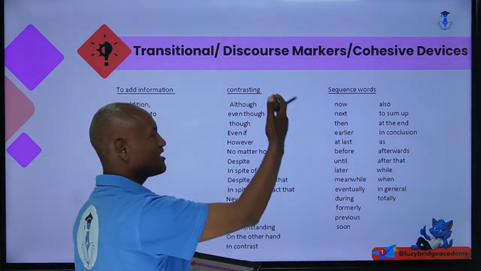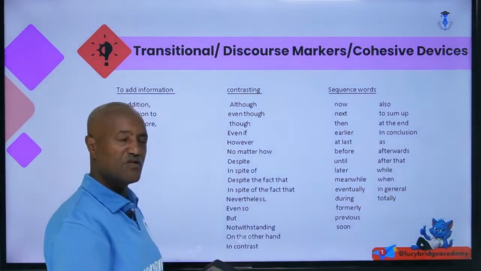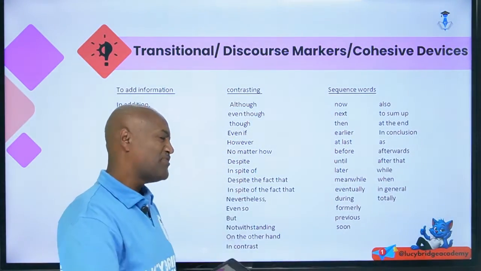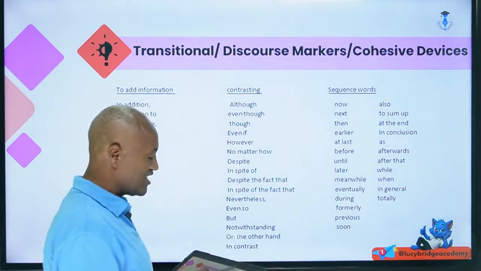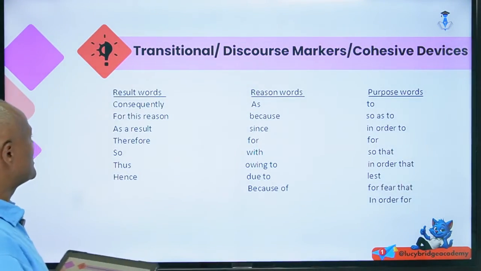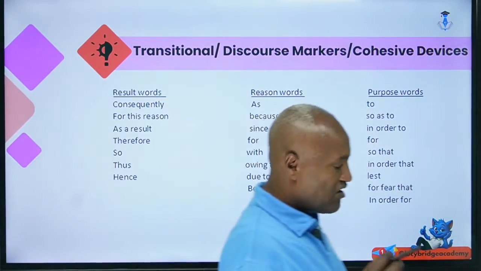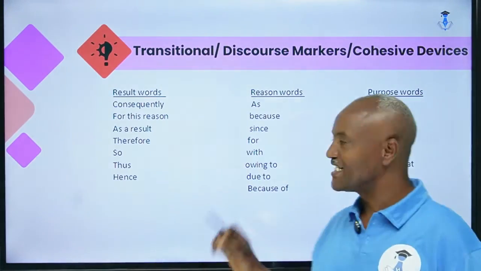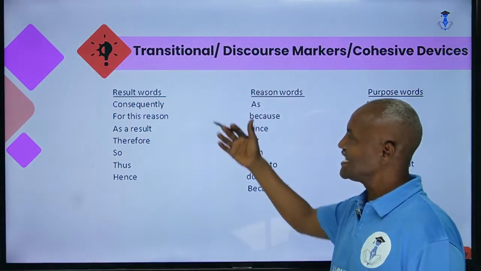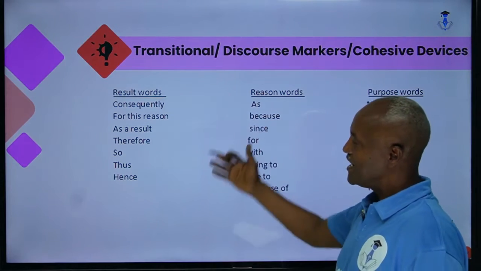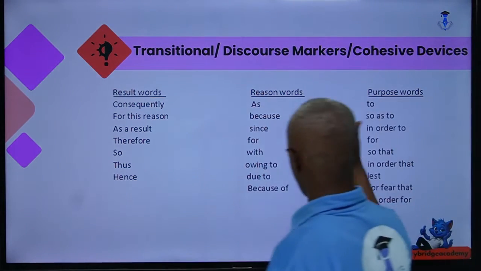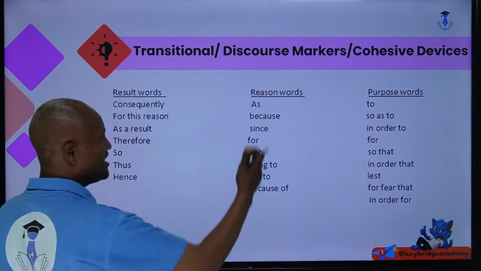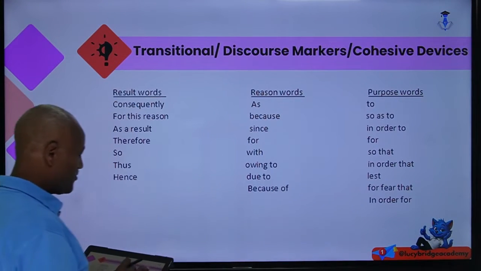When we want to state sequence, that means when we state the happening of events one after the other, we use these. I will tell you their functions later on. The other one is result words, when we intend to present a result: consequently, for this reason, as a result, therefore, so. Reason words are here: as, because, since, for. Purpose words, again, we have here.